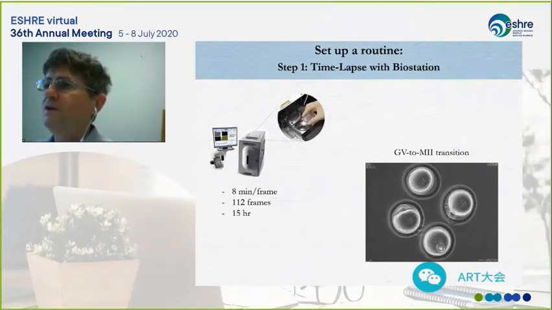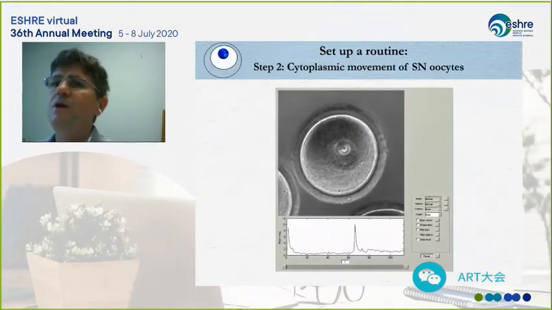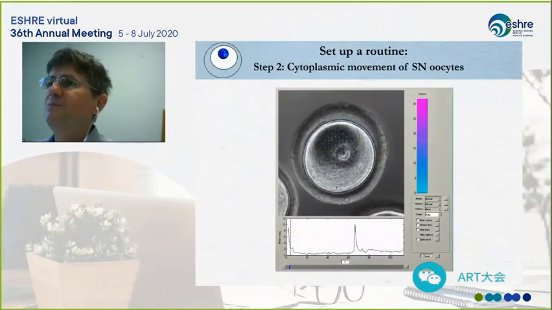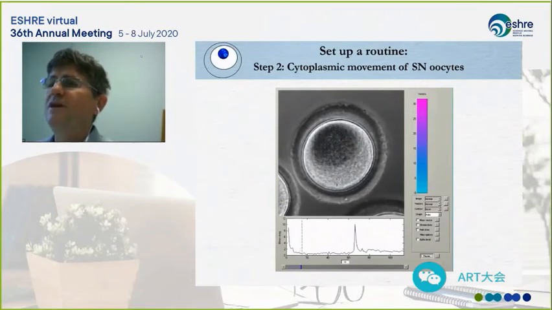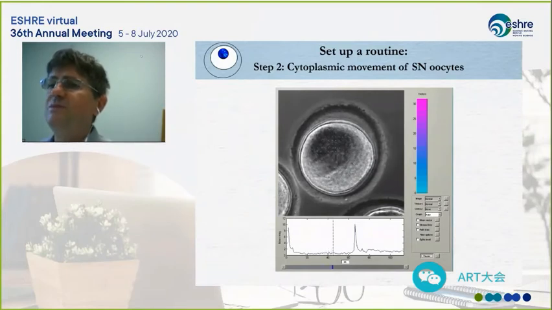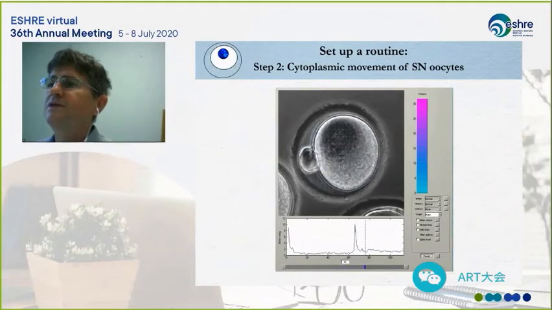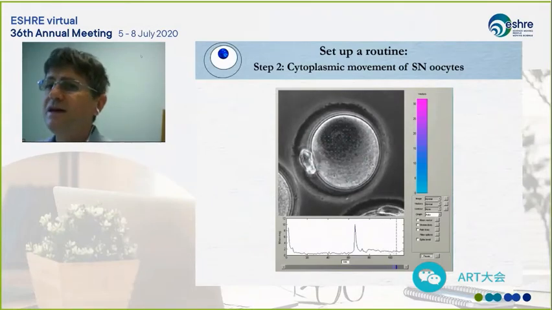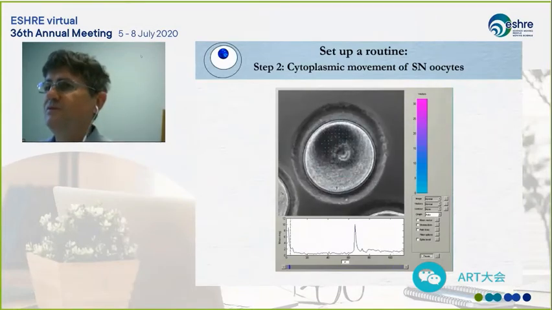In the next slide, we can observe a time-lapse movie of an SN oocyte during the GV to M2 transition. And please notice the timing of polar body 1 extrusion. And PIV records movement by comparing the speed at a time point with that of the previous one.